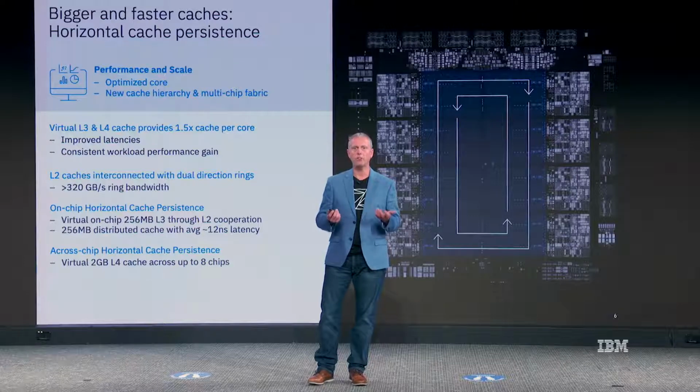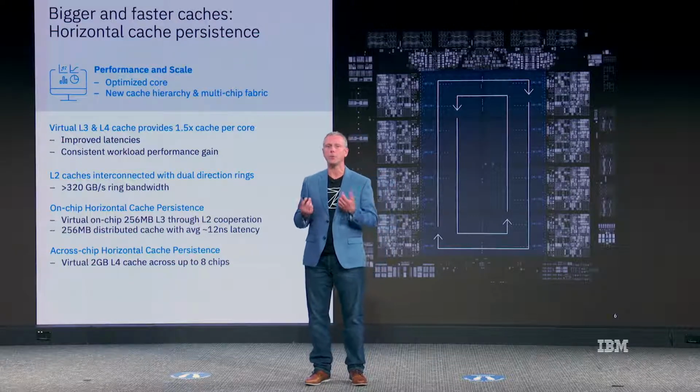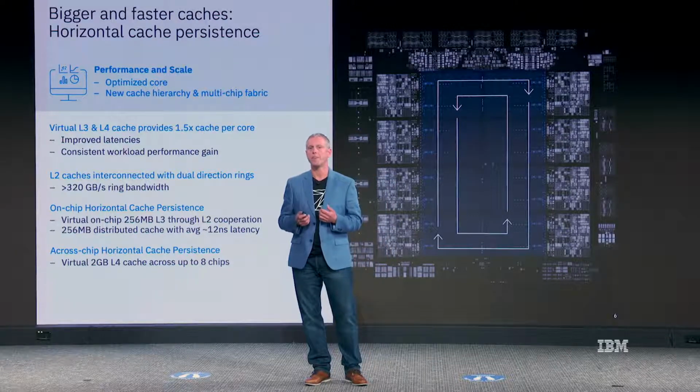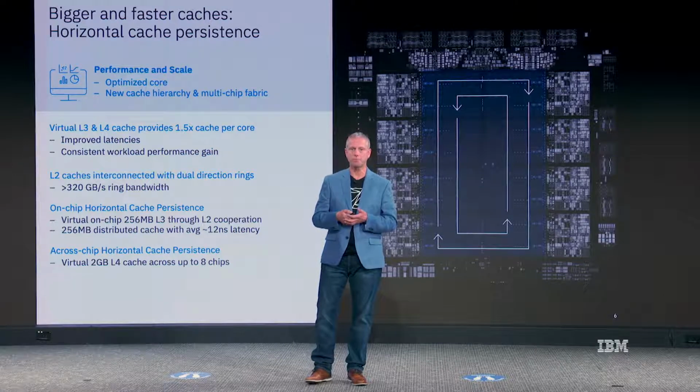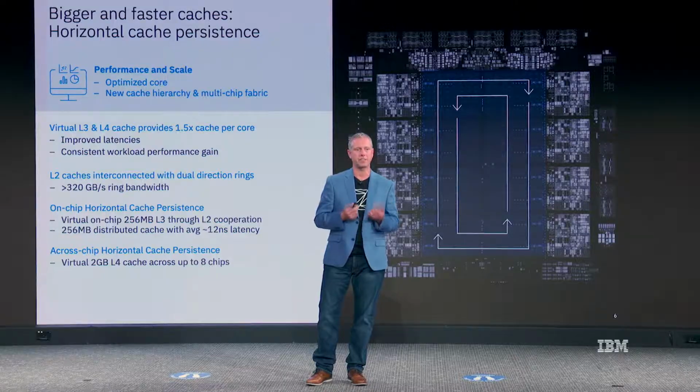Let me describe in a little bit more detail how we achieve these virtual level 3 and level 4 caches. First, we are interconnecting all the L2 caches on the chip with a ring infrastructure that supports more than 320 gigabytes per second of ring bandwidth. Then based on that infrastructure, we are implementing what we call on-chip horizontal cache persistence.